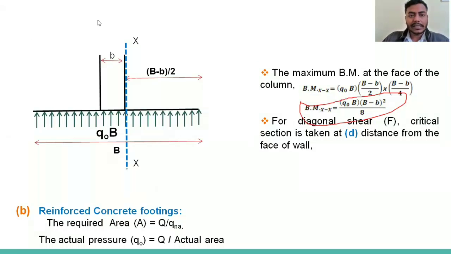So now for the diagonal shear, the critical section is taken at distance d from the face of the wall. How does the d distance come? Why are we taking the d distance? You will see that cracking is generally developed.